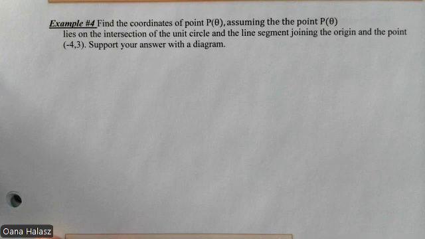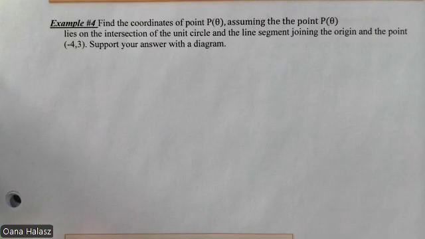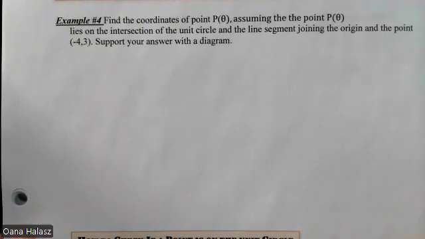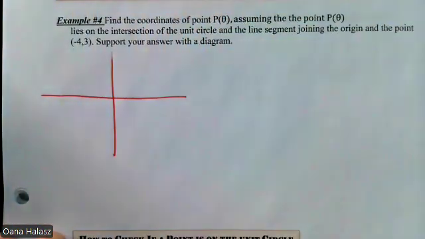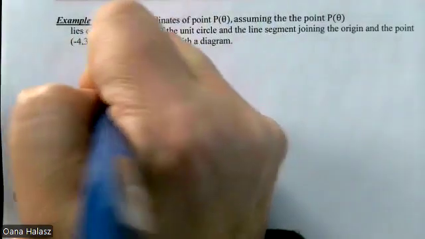Even if I wouldn't be asked to do a diagram, if I don't make sense of a question involving points and circles, I would always do a diagram for myself to remind myself how I approach the question. So the point -4, 3, you can plot it on a Cartesian plane.